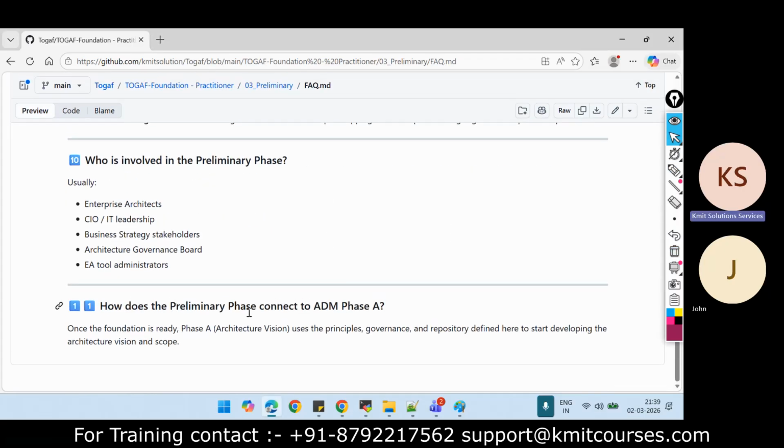How does the preliminary phase connect to ADM phase A? We will discuss that. In phase A, we are also defining the scope, governance, repository, etc. But that is more on the project level, whereas the preliminary phase is on the organization level.